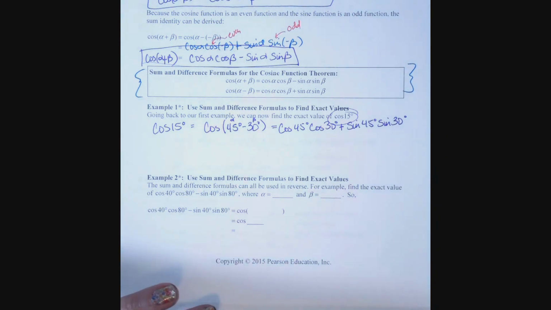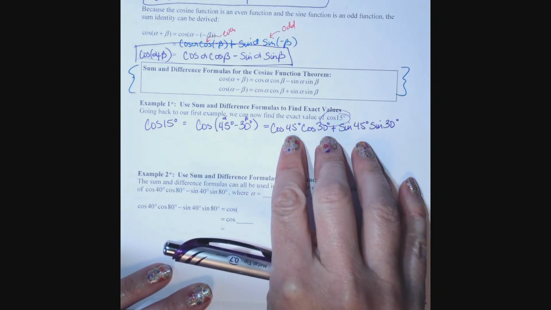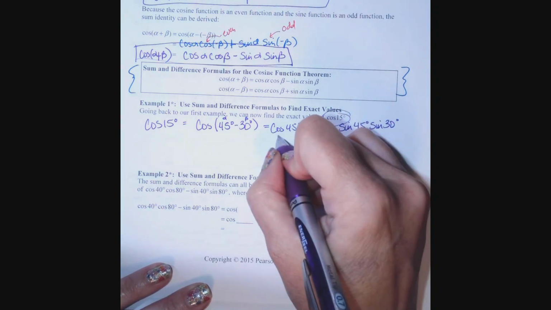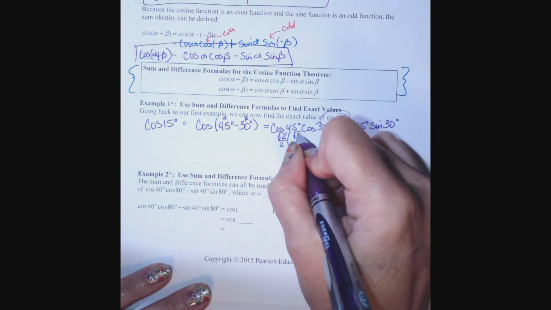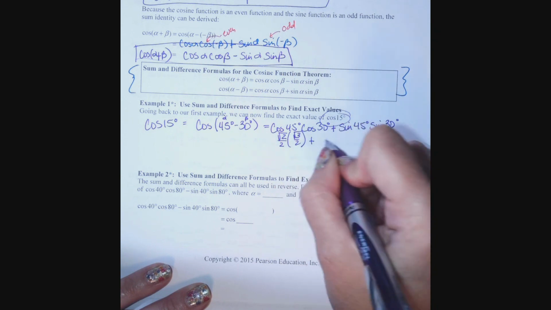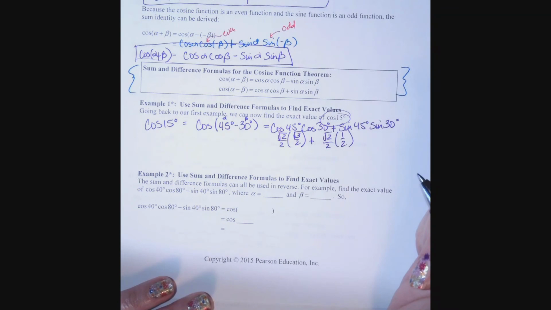Now we plug in what we know. We know all four of these values from our unit circle because these are special angles. That's why we chose them. Cosine of 45 is square root 2 over 2. Cosine of 30 is square root 3 over 2, plus sine of 45 and sine of 30.